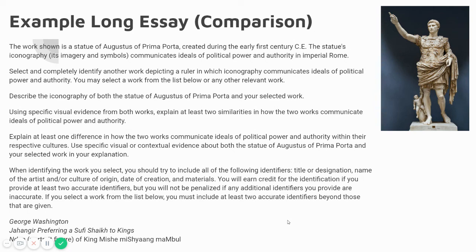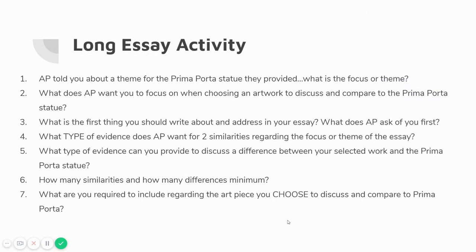And then after that, you need to just go ahead and start reading the questions and the things that AP wants you to discuss. I also have that long essay activity here where I'm prompting you to decode and pull out the information that AP has embedded into that essay question. So number 1 says, AP told you about a theme for the Prima Porta statue that they provided.